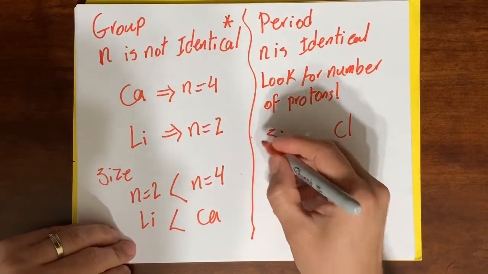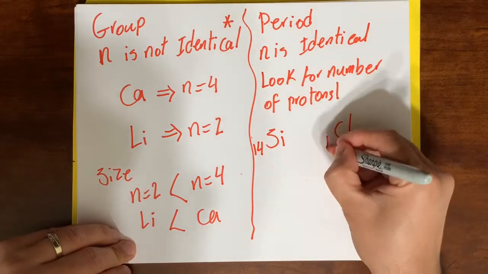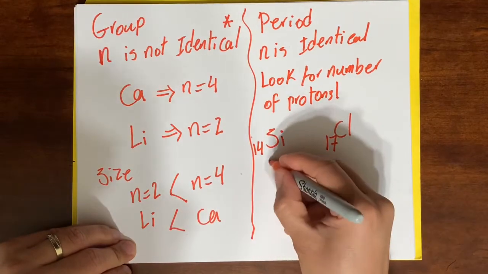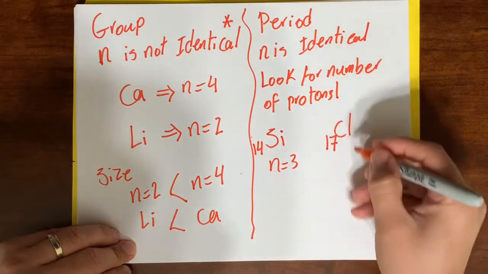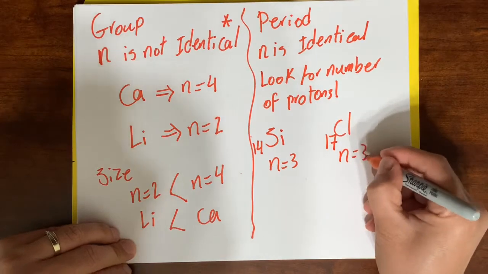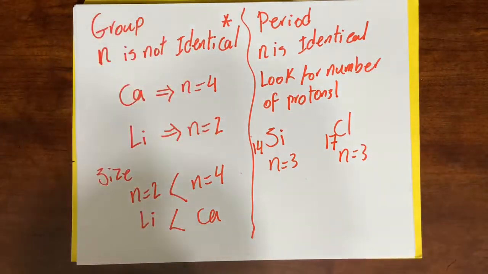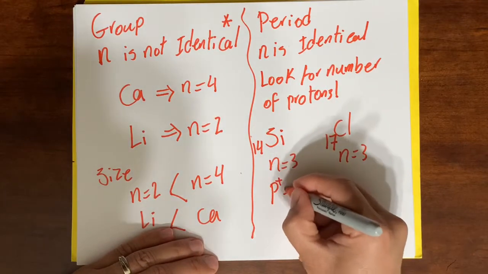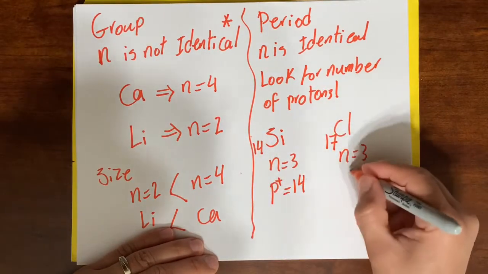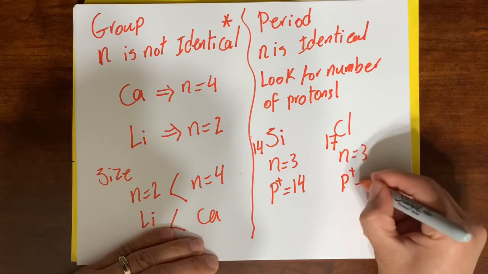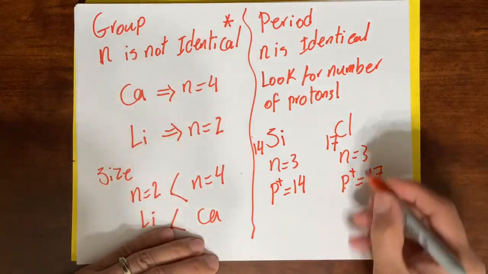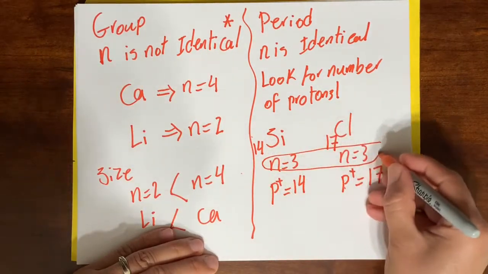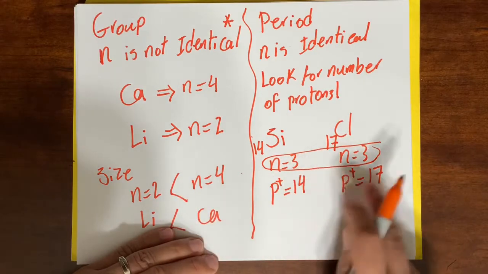Silicon is number 14, chlorine 17. Silicon belongs to N equal 3. Chlorine N equal 3. So I cannot judge based on N. Next, I get the number of protons. Protons equal to 14. This one equal to 17. If they are sharing the same N, then go with protons.